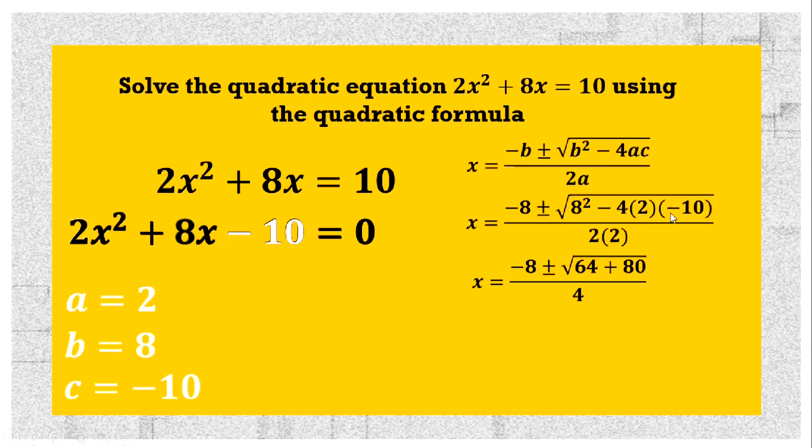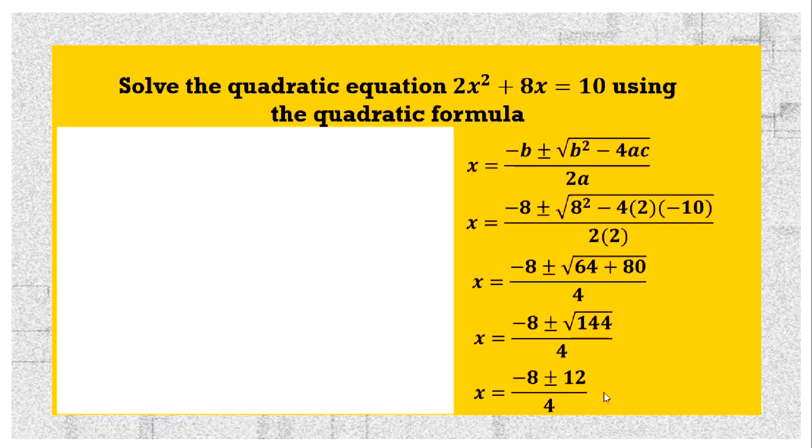Negative 8 times negative 10 is positive 80. Then 2 times 2 is 4. Again, we have x equals negative 8 positive and negative square root of 144 all over 4. Simplifying again, we have x equals negative 8, square root ng 144 is positive and negative 12, all over 4.